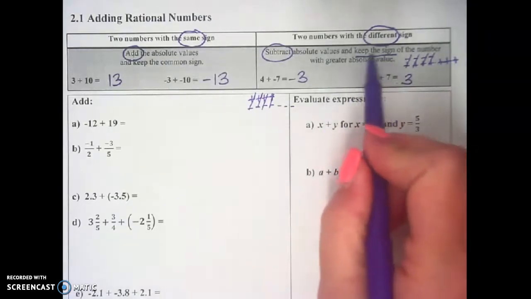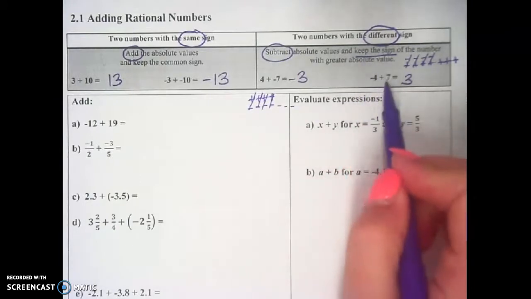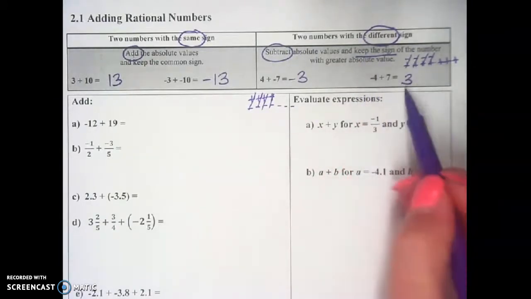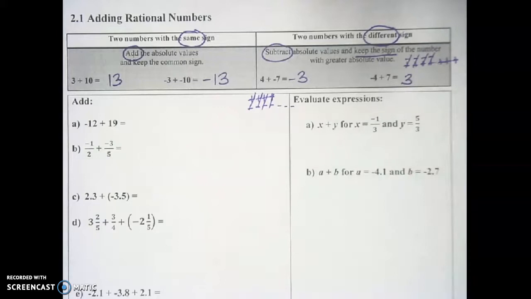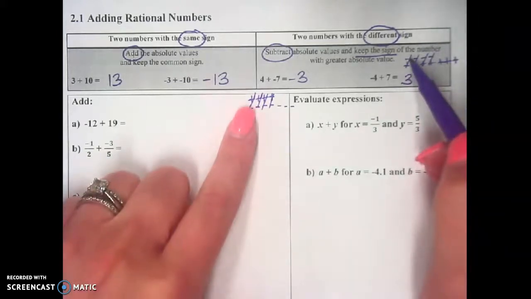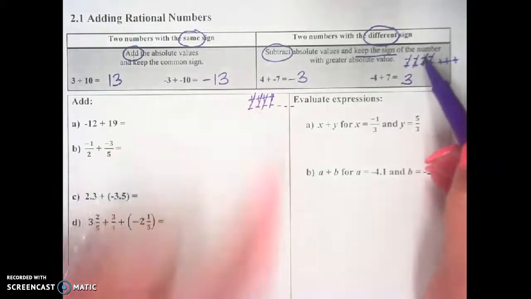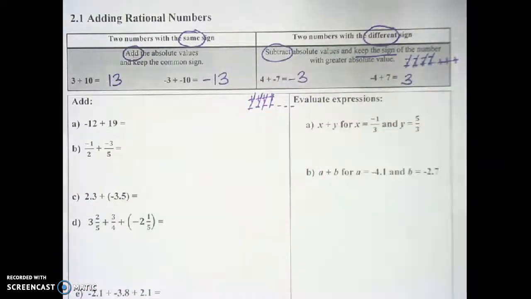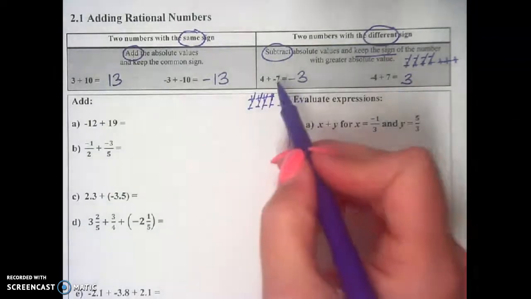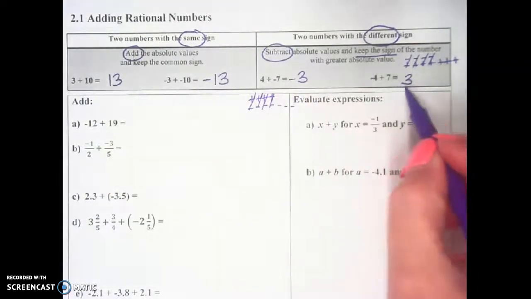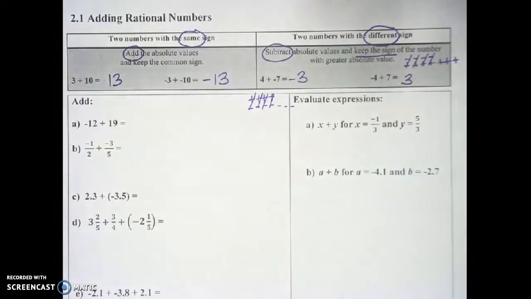I need to keep the sign of the bigger one. I had more positives than I had negatives, so I ended up with a positive 3. Notice how in both of these, the positives and the negatives cancel each other out. Even though it says add, I actually subtracted those two problems. But what was different is this one had more negatives, this one had more positives, and it just changed the sign of my final answer.